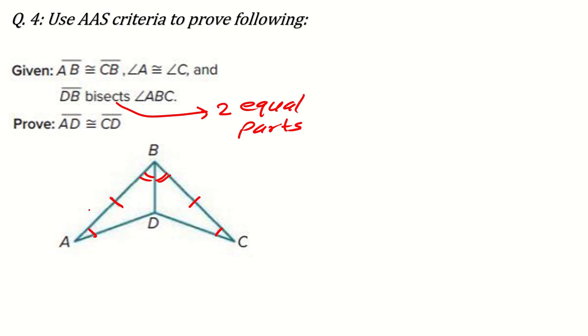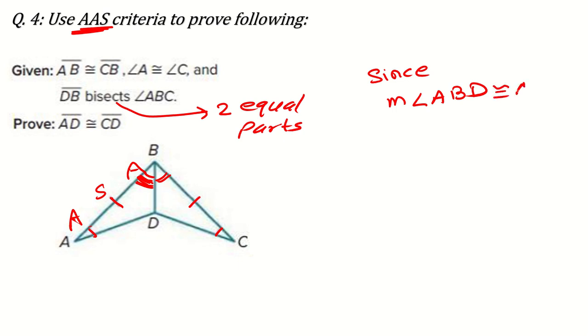Now again the problem is the same. See, in every question we are getting the same challenge, that the angle, side, angle criteria is satisfied, yes, but we have to apply this one. So again we will write the same lines. Since measure of angle ABD, ABD means this angle here, is equal to measure of angle CBD, and what other angle is equal?